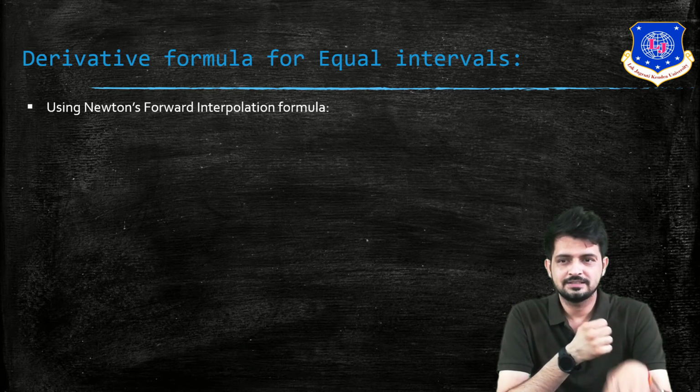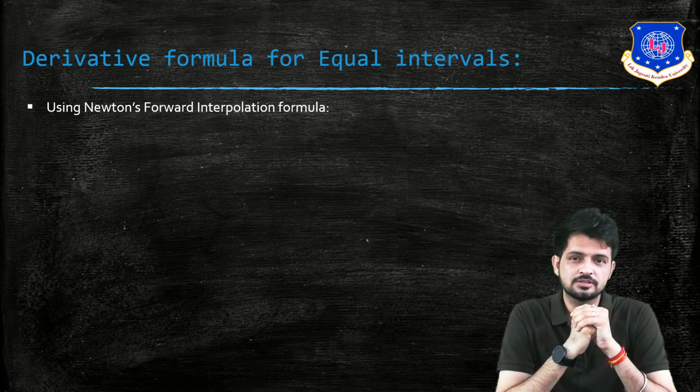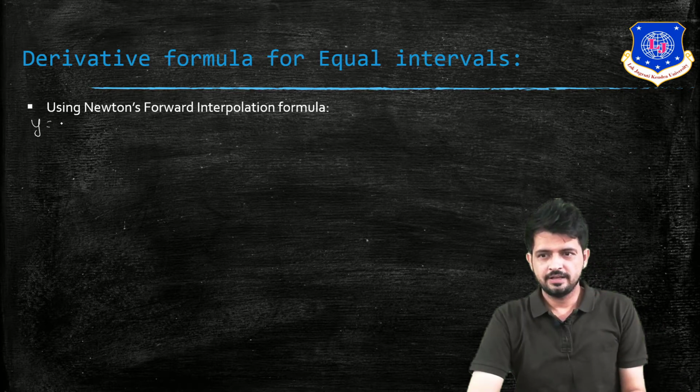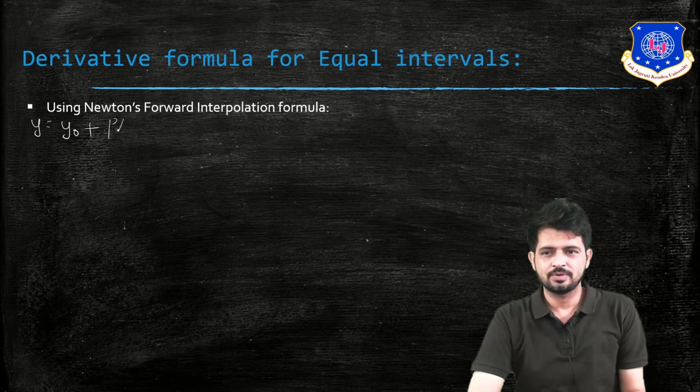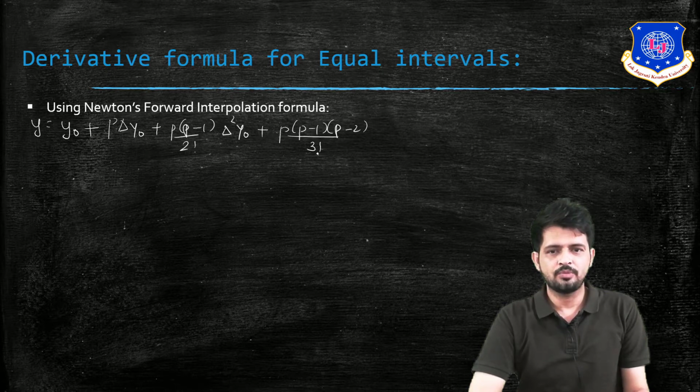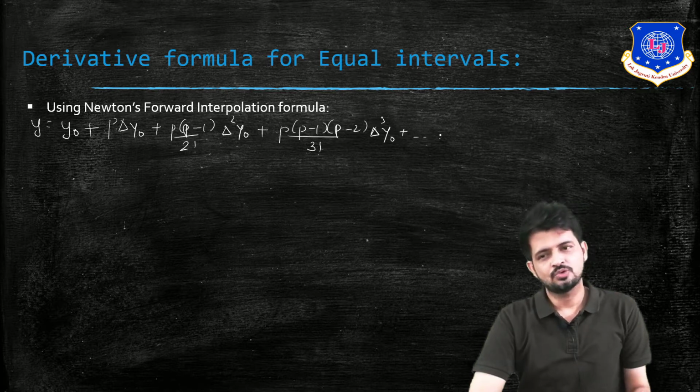Let us consider Newton's forward interpolation formula that we have already derived in the previous session. It can be written like this: y0 plus p del y0 plus p into p minus 1 upon 2 factorial del square y0 plus p into p minus 1 into p minus 2 upon 3 factorial del cube y0 and so on.